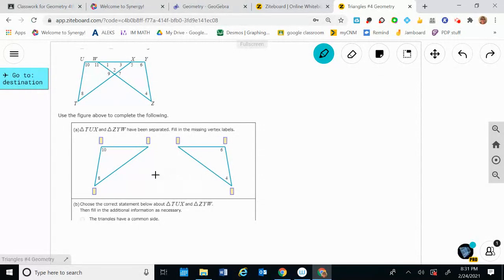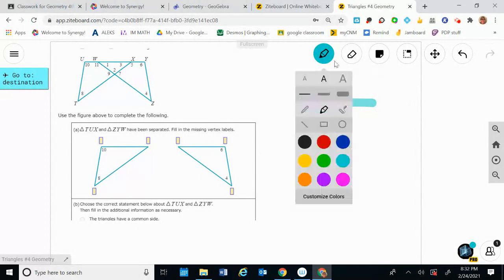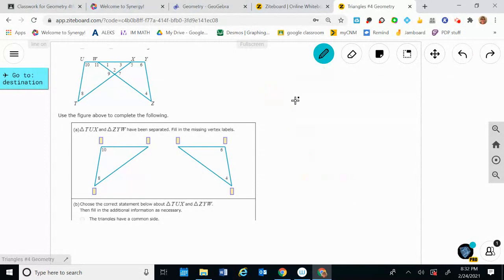separate them out, okay? Again, I highly recommend this. Let's go to the pen. So I highly recommend you do this: 1, 2, 3, and 1, 2, 3.